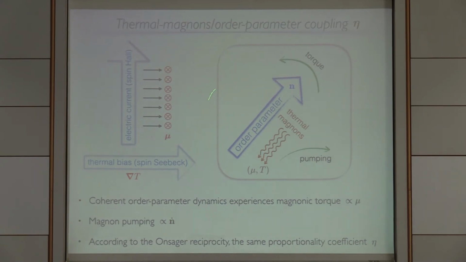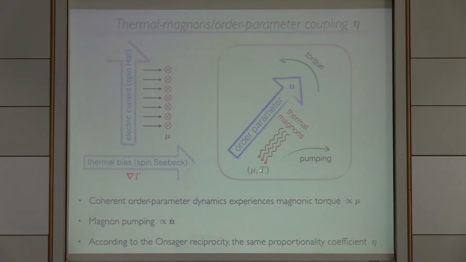So locally, that's a cartoon of what you could expect. There's an order parameter. That order parameter moves in response to some external fields, or self-consistently in response to torques exerted on this order parameter by the thermal magnons. Those torques, in linear response, will have to be due to the chemical potential of magnons.